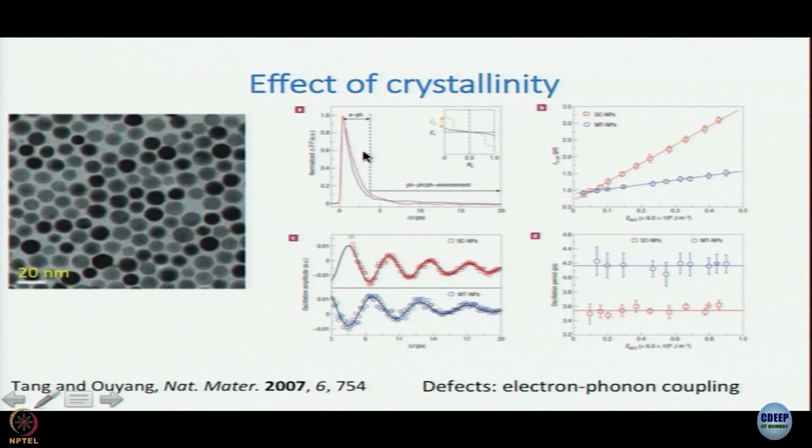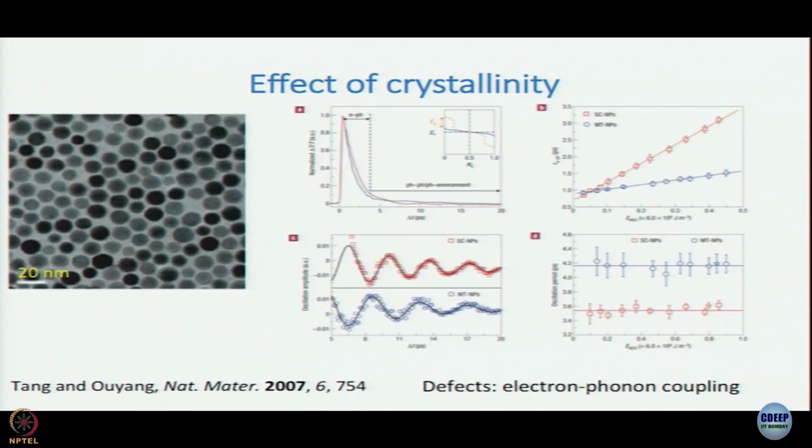First thing is they look at the electron phonon coupling time, and they have plotted the electron phonon coupling time constants. This plot is for single crystalline nanoparticles. This one is for non-crystalline, less crystalline nanoparticles.